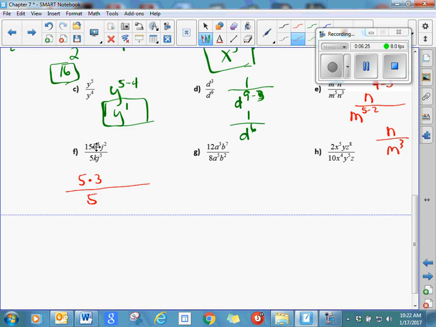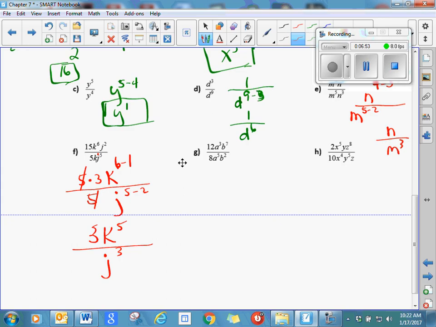Then we have K to the 6 minus 1, because there's a ghostly exponent of 1 there. And then J, heavier side in the denominator, to the 5 minus 2. So you can clean this up, and you end up with 3, because 5 goes into 15 3 times. 3 times K to the 5th in the numerator, and the denominator is J cubed.